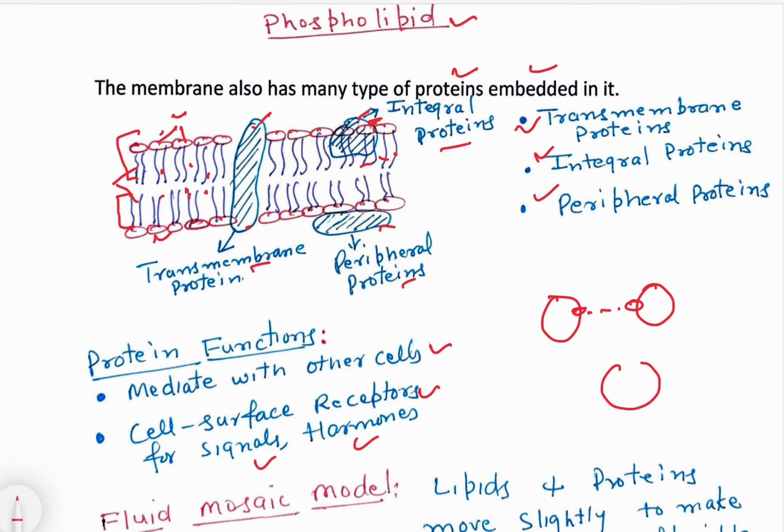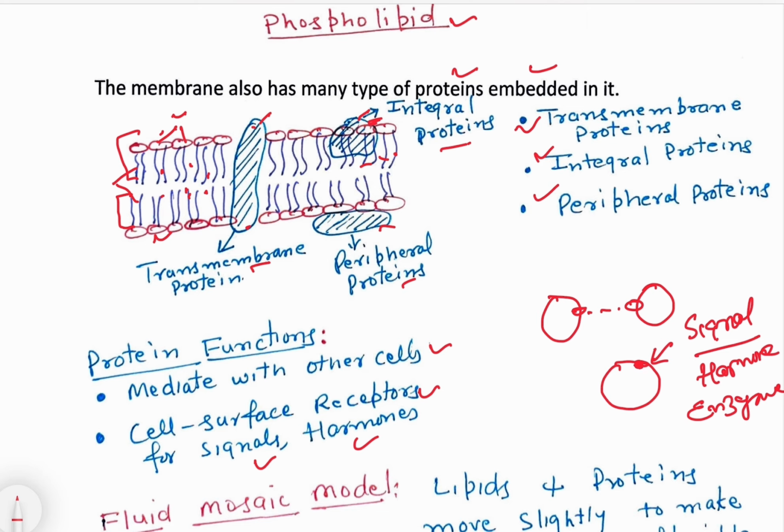So what happens? Let's see, this is a cell, and there is a protein right here. It is a receptor for a signal coming from another cell, or a hormone, or it could be a site for enzymes to attach. So these three functions it can do.